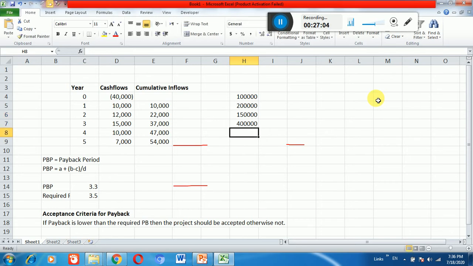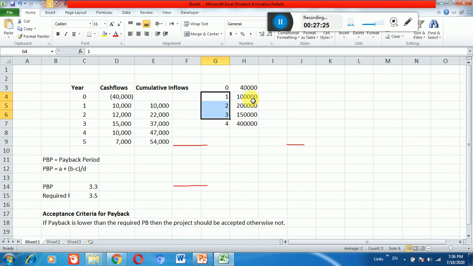You are interested in how much time this project takes to give back your initial cash outflow. This is year 0, your initial investment is $40,000, and it is recovered within 3 years.